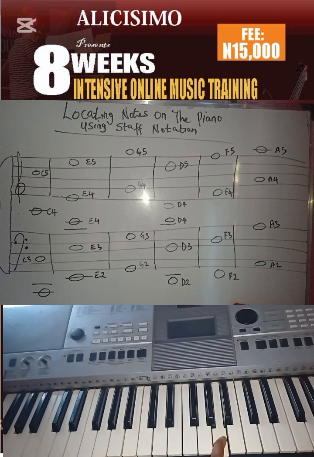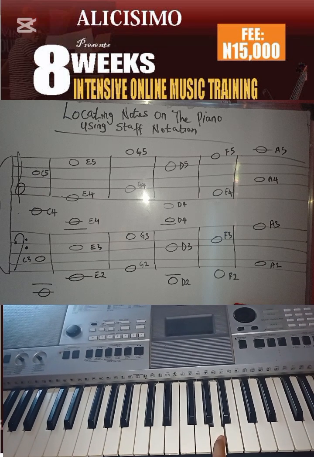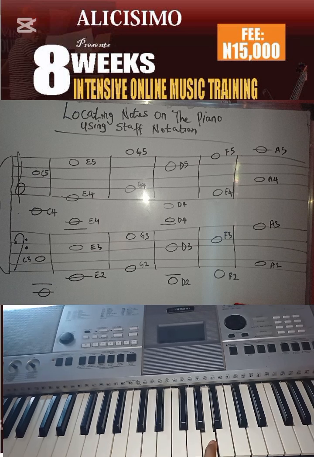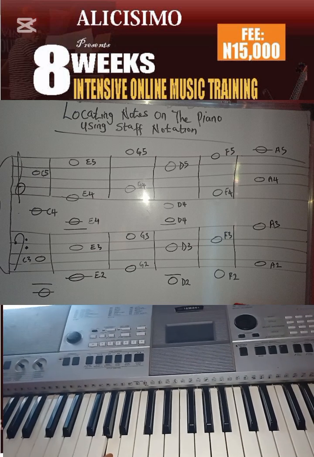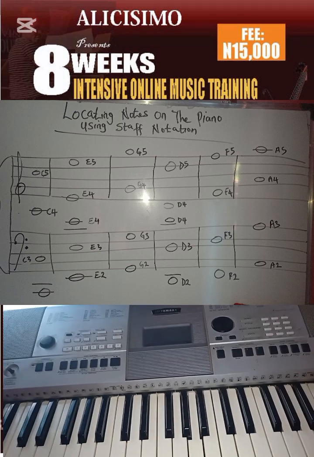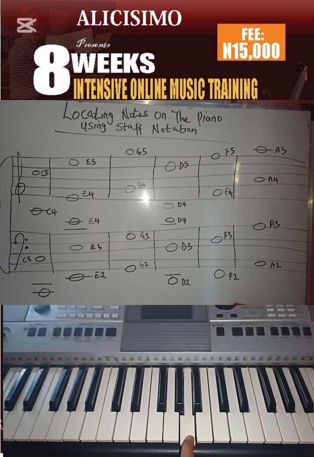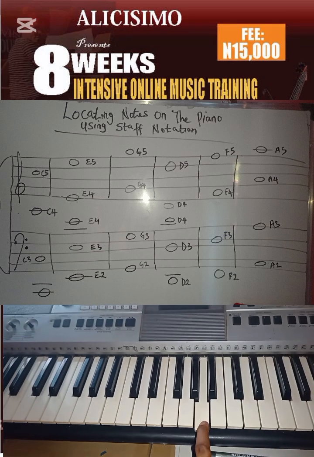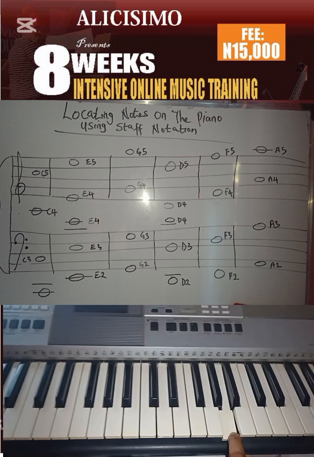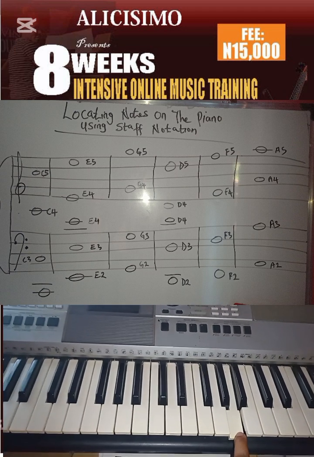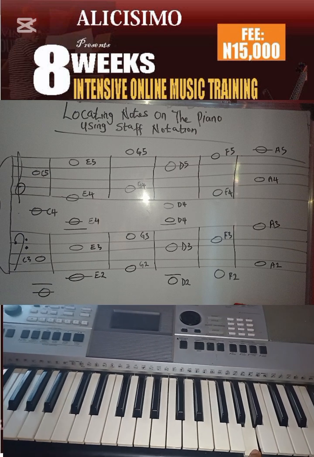And this particular A is the second space in treble clef. You carry it and play here, you're wrong. This is the A of the second space in treble clef. And this is the A of the first ledger line above treble clef.